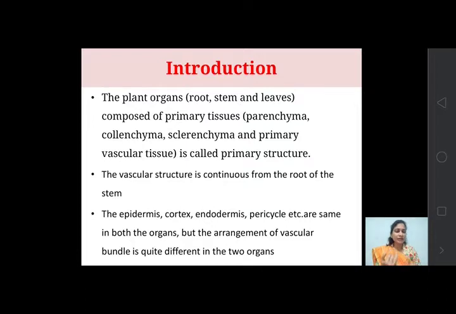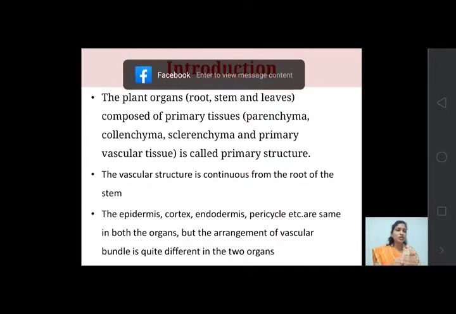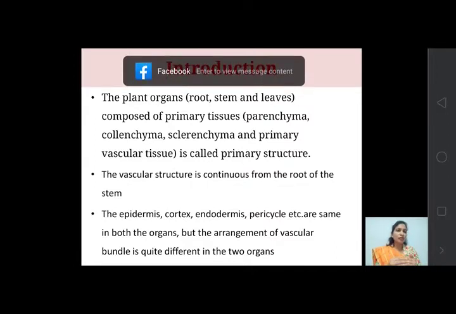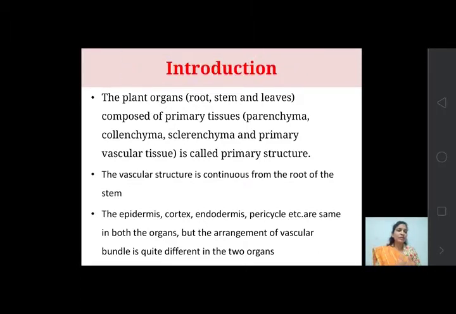Simple tissues contain the parenchyma, collenchyma, sclerenchyma, and the complex tissues contain the primary vascular tissues, that means primary xylem and phloem. The plant organs, root, stem and leaves, firstly formed and composed of primary tissues, are called the primary structure.